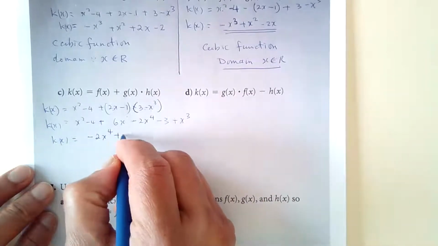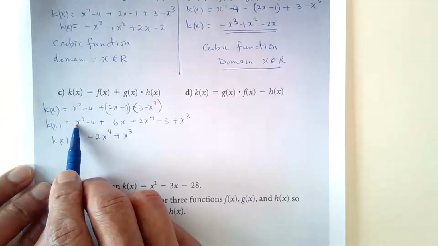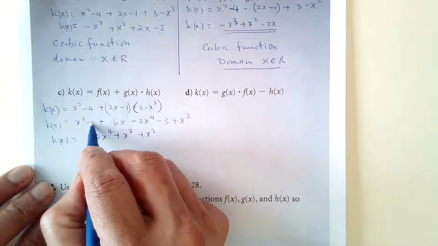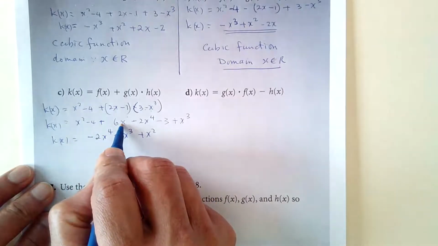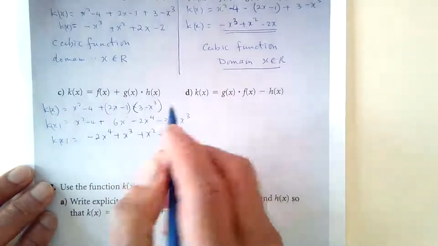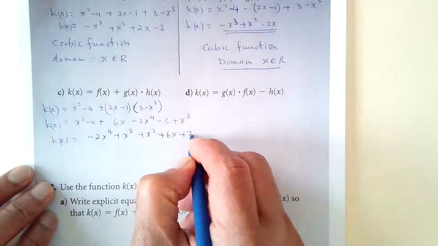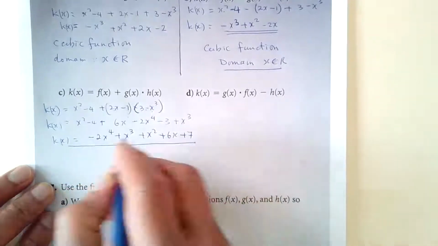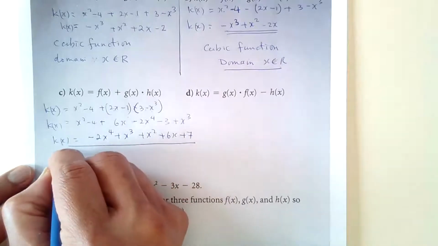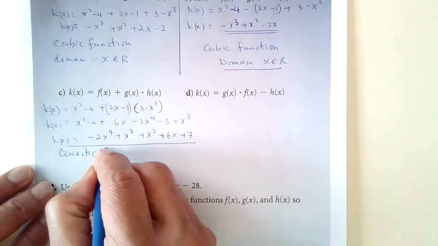Then in the x squared, we just have 1x squared. We have positive 6x. Then we have negative 4, negative 3, positive 7 for the constant. This is a function that's a quartic, power 4.